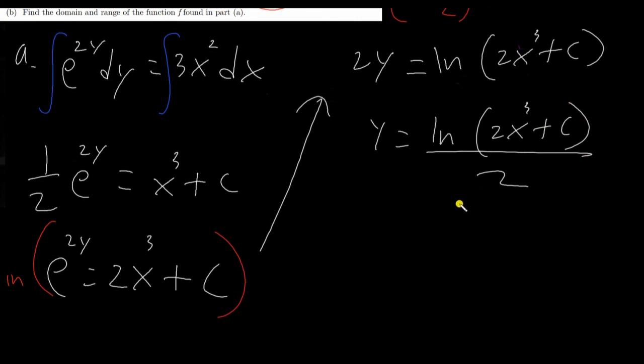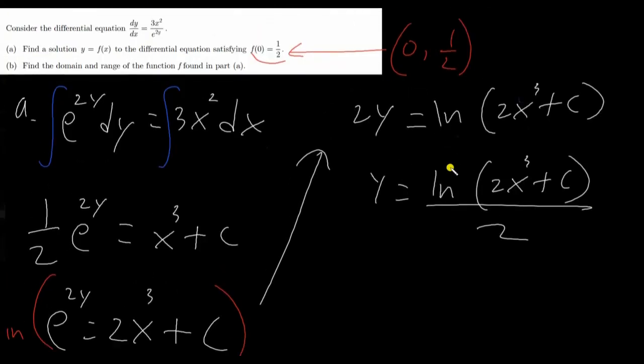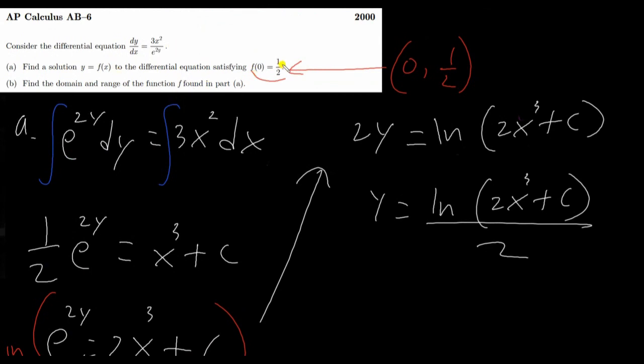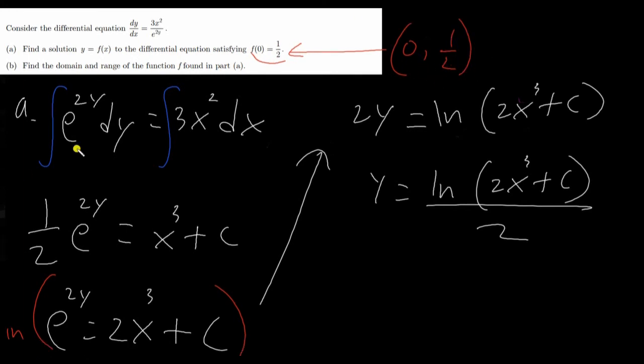Now, are we done yet? Not quite. Why, you ask? Well, we need to figure out a solution that satisfies this. So (0, 1/2) is on the curve. How do we figure that out? Well, we take 0 and 1/2 and we plug it in for x and y, and then we'll solve that and see what value we get out for c.